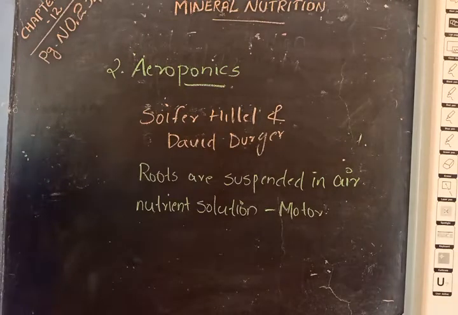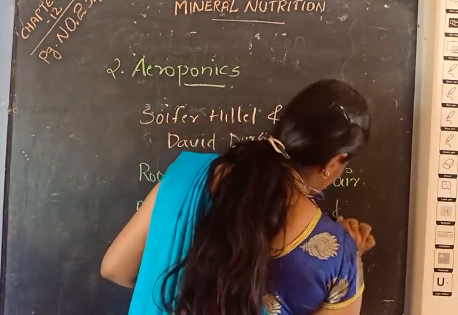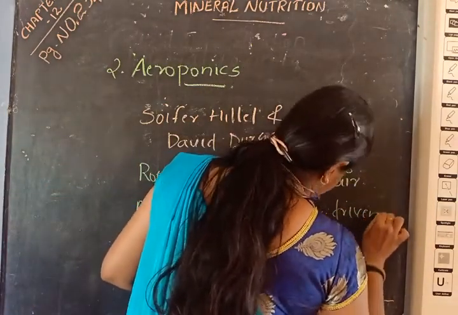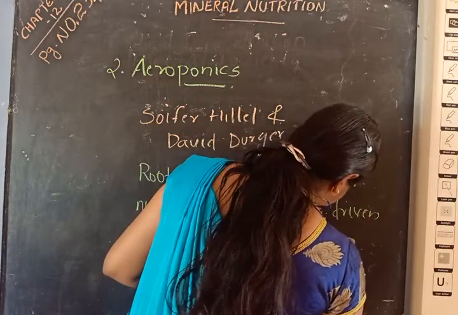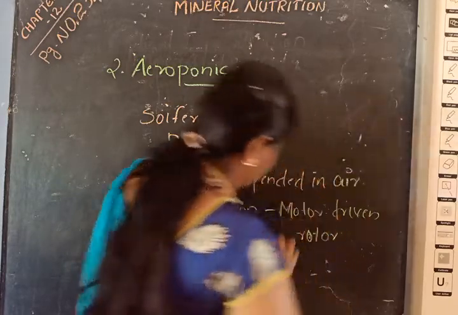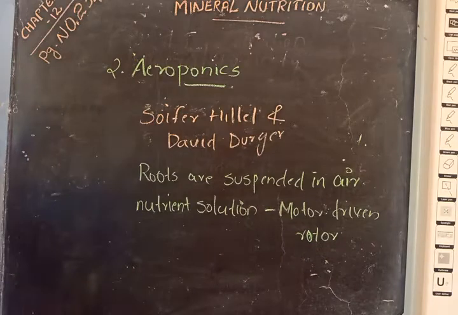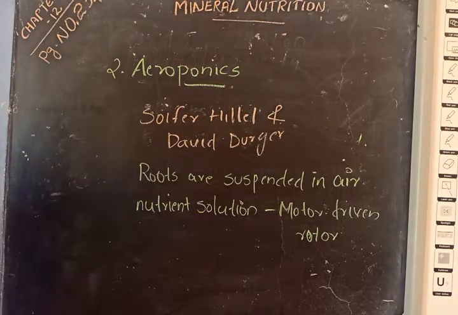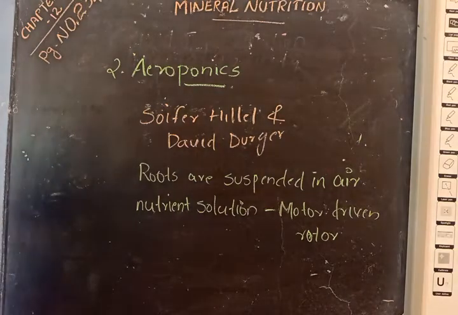So these are the two techniques of culturing of plants without the help of soil. The first one is hydroponics and the second one is aeroponics.